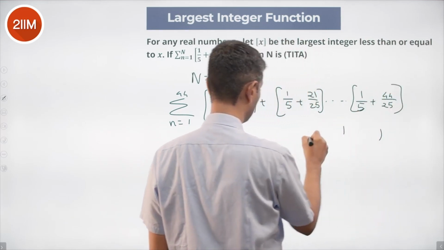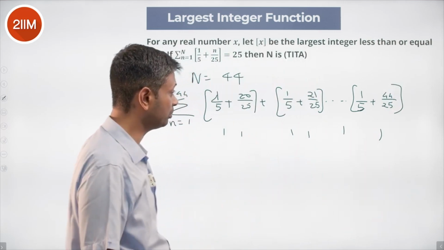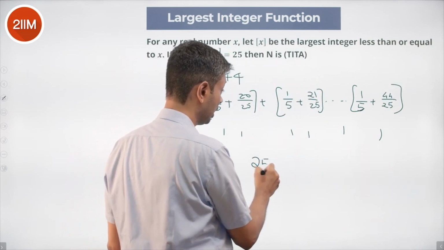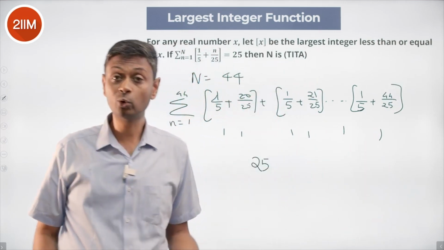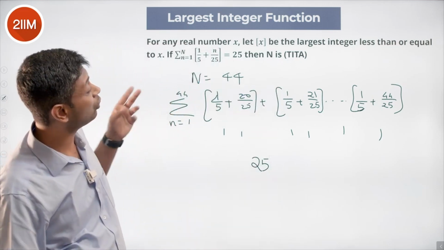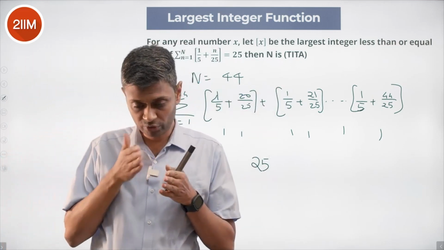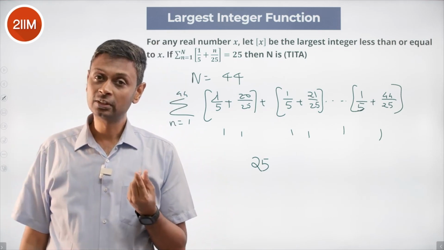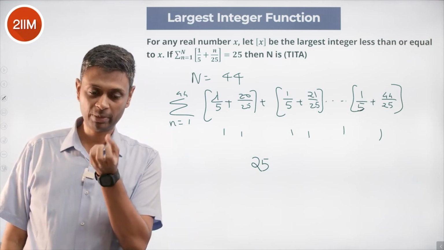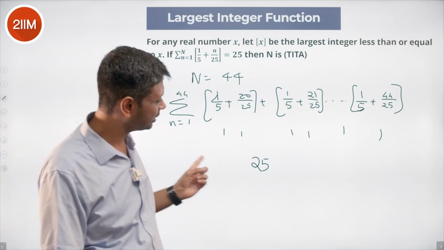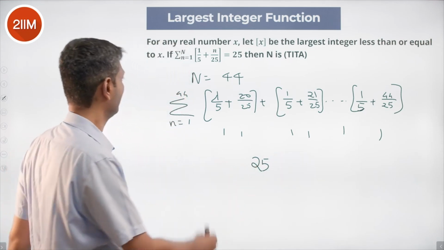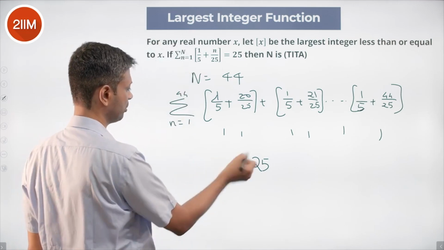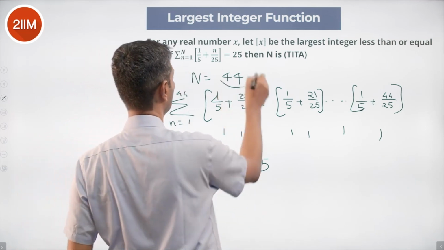All of these give us 1, 1, 1, 1, 1 each. How many terms are there? 25 terms are there. If I put 45 by 25, it will go to 2. If I put n equal to 45, from 45 onwards, 45, 46, 47, all the way till 69, it will be 2. We'll keep adding 2 to each sum. How many terms are there? 25 terms are there. Or when n equal to 44, the summation equal to 25, n is 44.